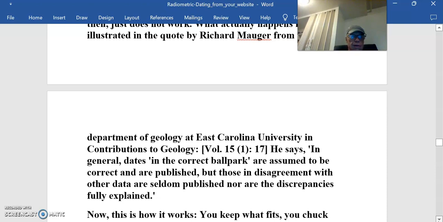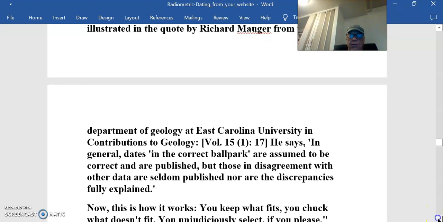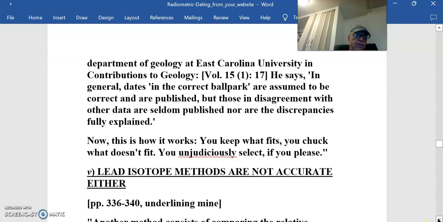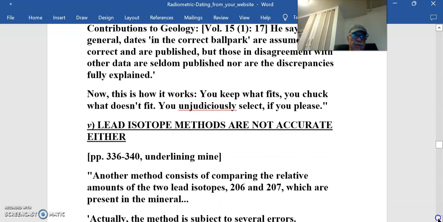"But those in disagreement with others' data are seldom published, nor are the discrepancies fully explained." They're just saying, well, it's not what we want. No, it's not what you want. That's the issue. It's what did you calculate. Now, this is how it works. You keep what fits, you chuck what doesn't fit. You unjudiciously select, if you please.